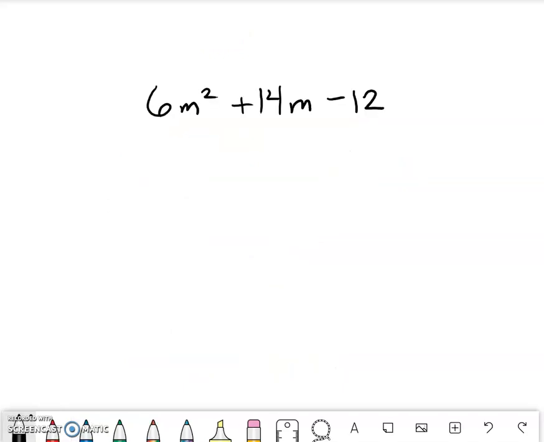All right, 6m squared plus 14m minus 12. Here we go. First, look for the greatest common factor. So I have 6, 14, and 12. The biggest number all three can be divided by is 2.